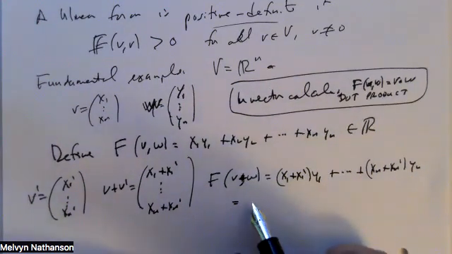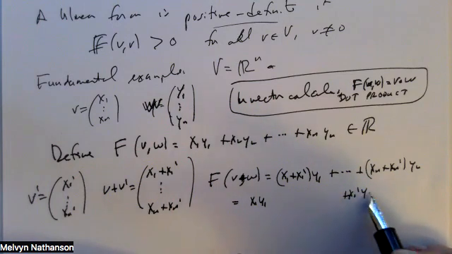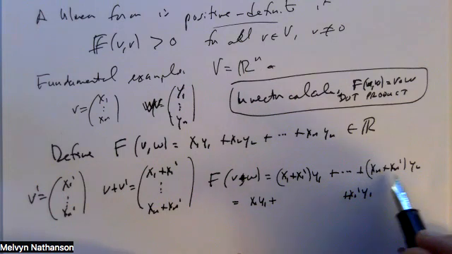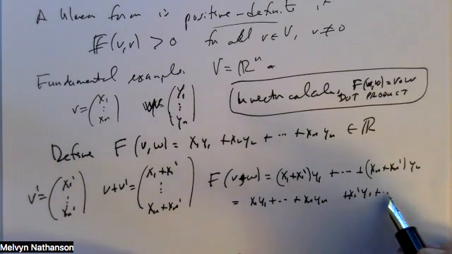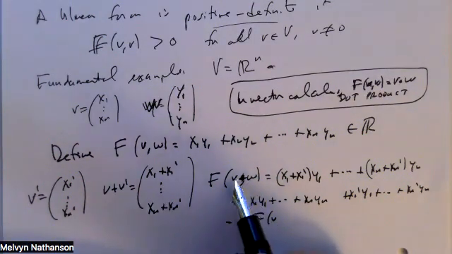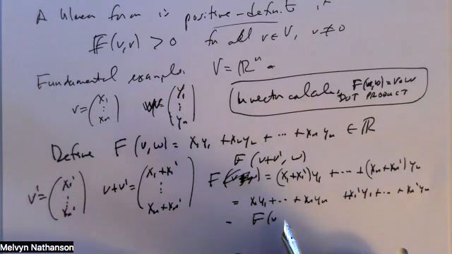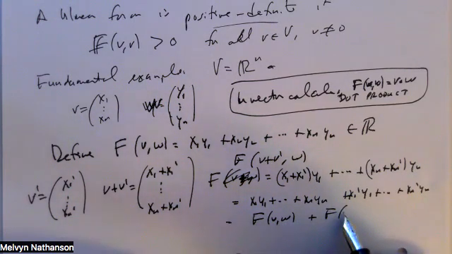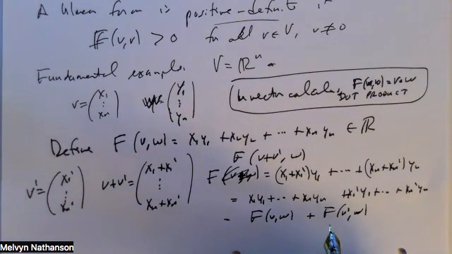Just distribute across, you have x1 y1 plus x1 prime y1. If you continue across, the last terms you'll get are xn yn plus xn prime yn. This is f of (v plus v prime, w). This is f of (v, w) plus f of (v prime, w). This proves the first property of a bilinear form, and all the others are proved in exactly the same way.